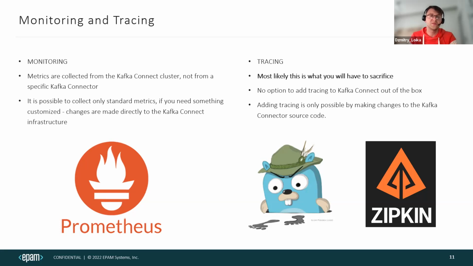And when we are speaking about tracing, it's a more difficult topic because out of the box, Kafka Connect and Kafka connectors don't support tracing. If you already have this non-functional requirement, you need to either certify this or do the implementation yourself.